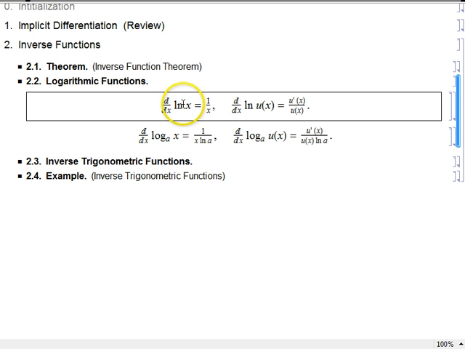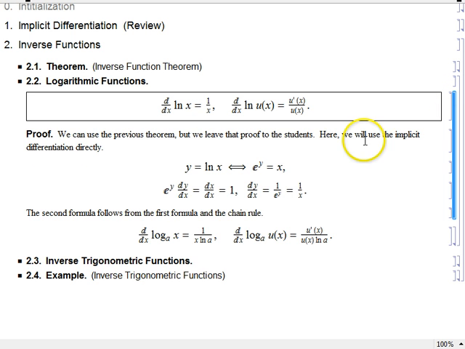First, the differentiation formula for the natural logarithmic function. How does that work? Well, we have already used this formula many times, but we're going to do some deduction here. Here we go. We begin with y equals log of x, natural, and then we're going to use inverse functions, so take the inverse.